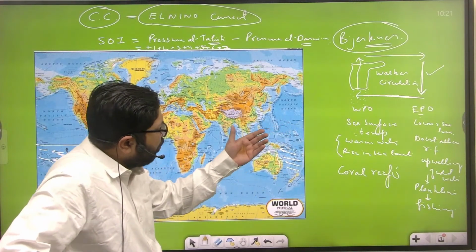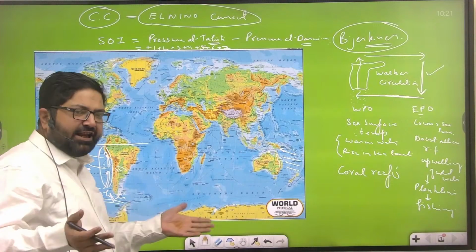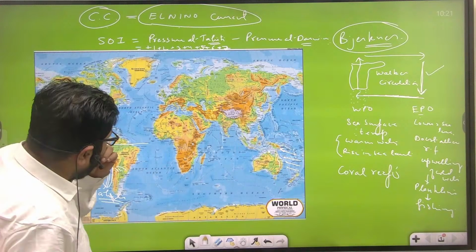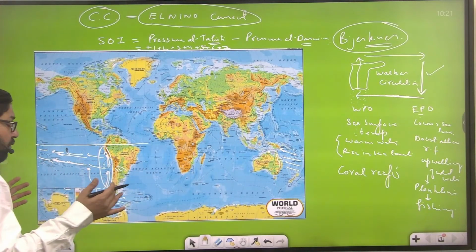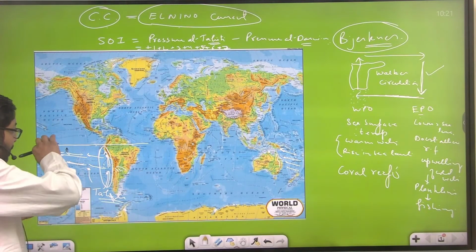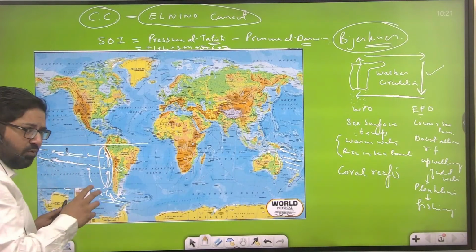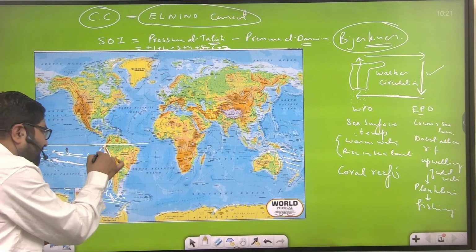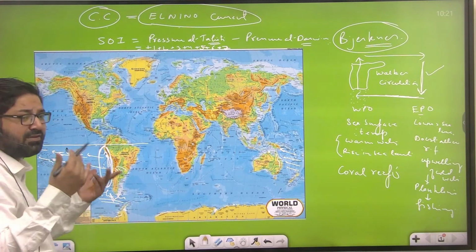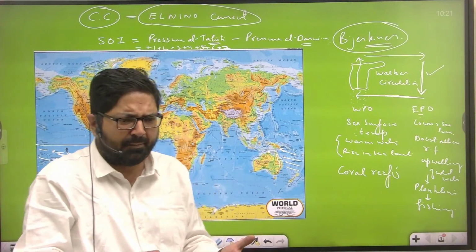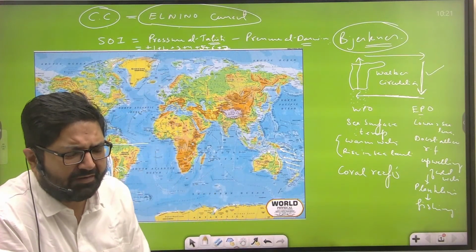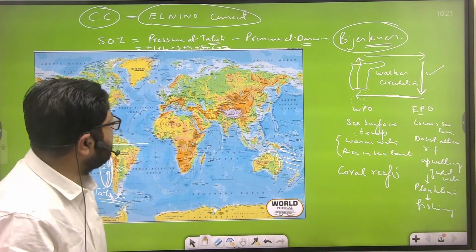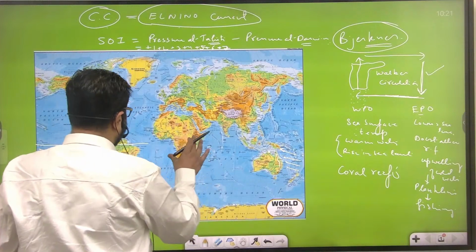Now, what happens in certain years? This is the normal condition. In certain years, for reasons unknown, international scholars do not say this counter current turns southward, it is strong. No, they say for reasons unknown, the water in the eastern part of Pacific Ocean warms up. कोई भी reason हो, maybe counter current or whatever it is, the water in the eastern part of Pacific Ocean during El Nino years, it gets warm.